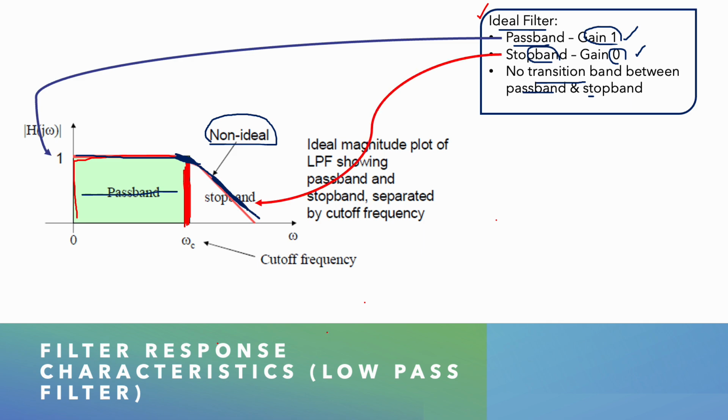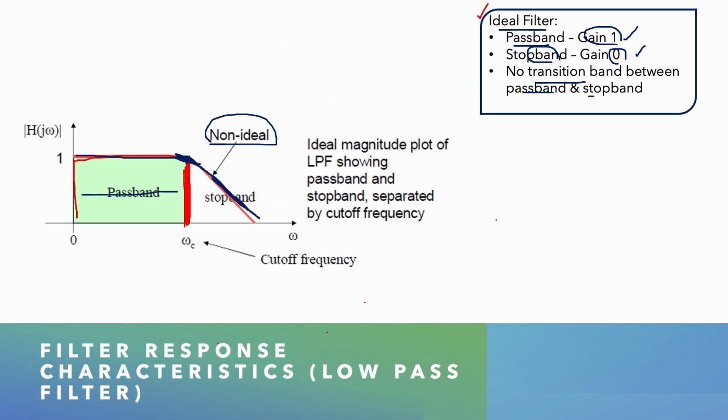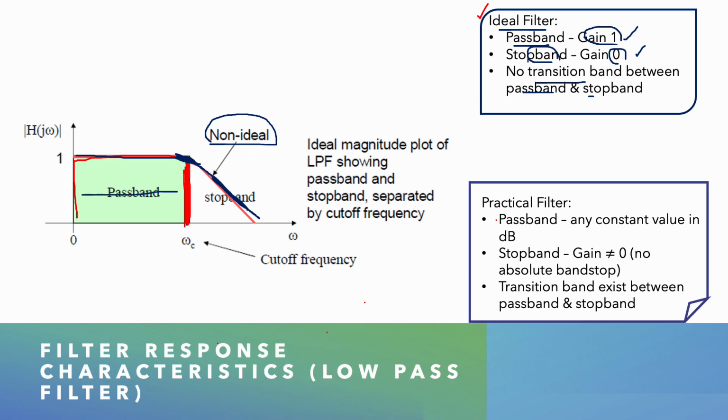So this is all the explanation, no transition. Whereas for a practical or non-ideal filter, in real life it is very difficult to get an ideal filter. So in practice, we will have a non-ideal filter.